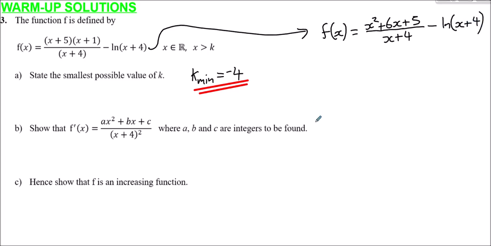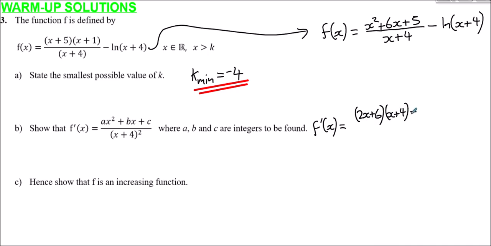So for B, f dashed of x, to differentiate the fraction, we need to use the quotient rule. So I'm going to differentiate the top, hold the denominator. So this is going to become 2x plus 6, x plus 4.